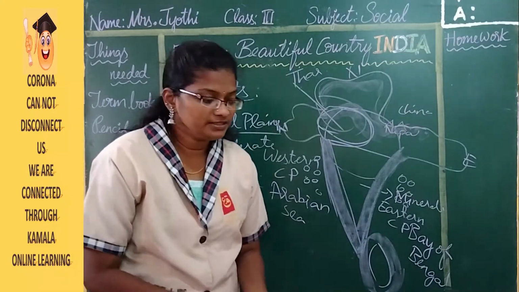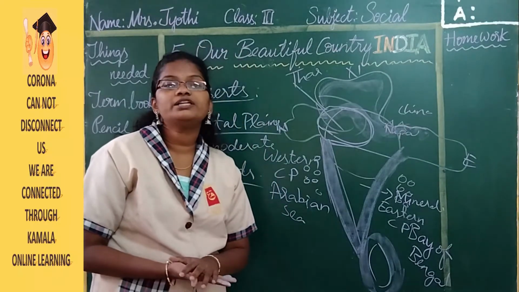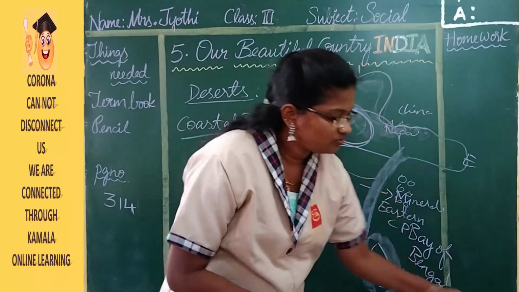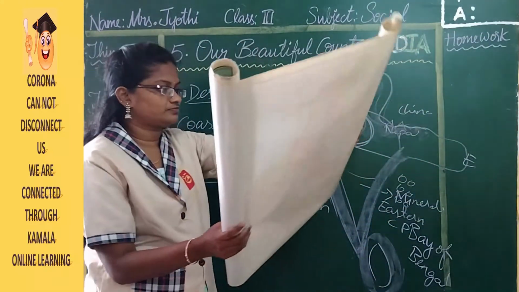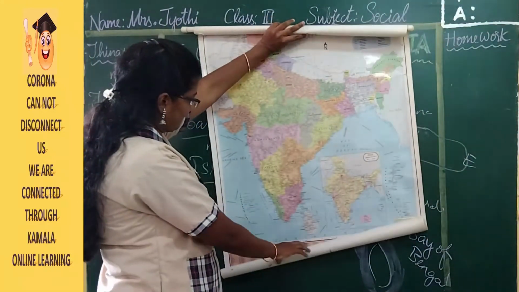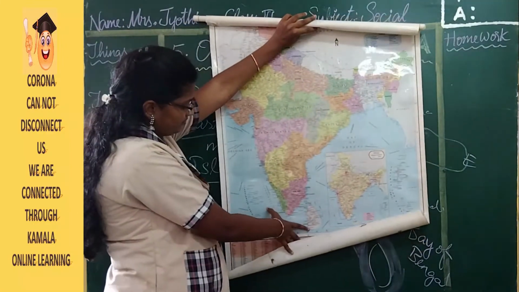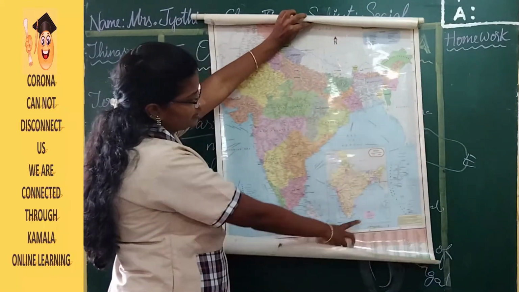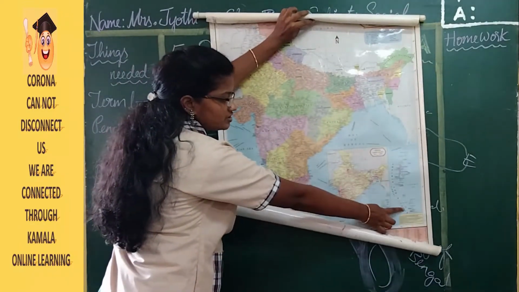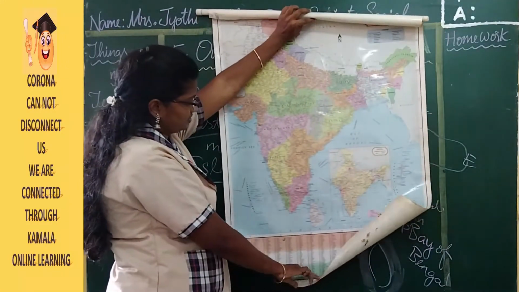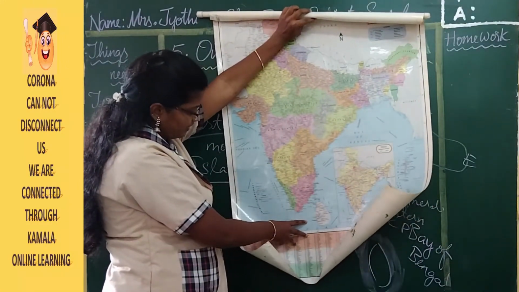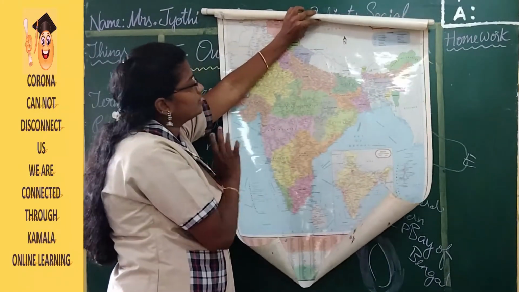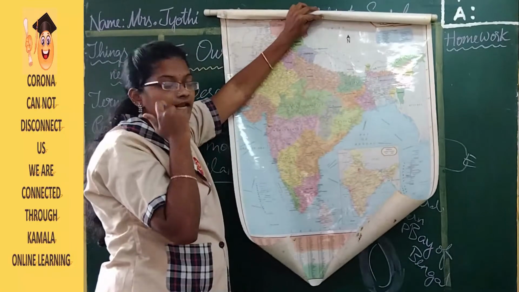So this is about the lesson. We have discussed all the 6 different types of land. Okay. So let me show you. So here are the Lakshadweep Islands, and here you can see the Bay of Bengal and the Andaman and Nicobar Islands. This complete part is covered with water, and this part is covered with land.